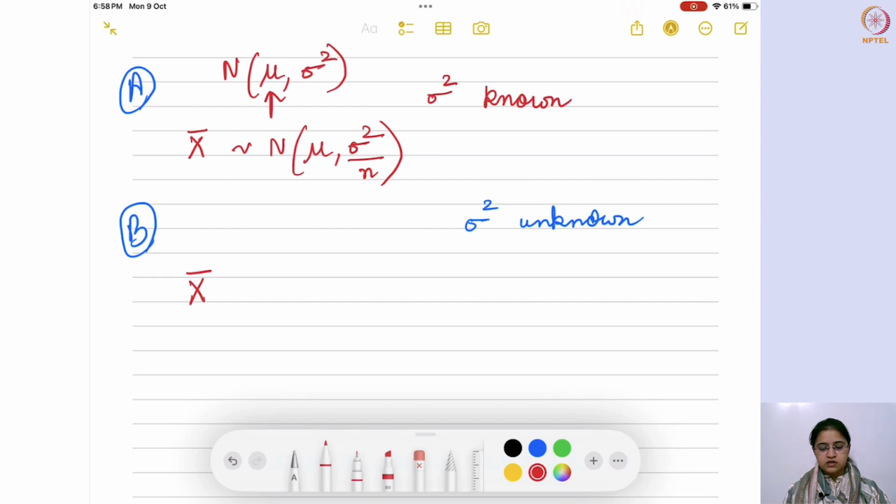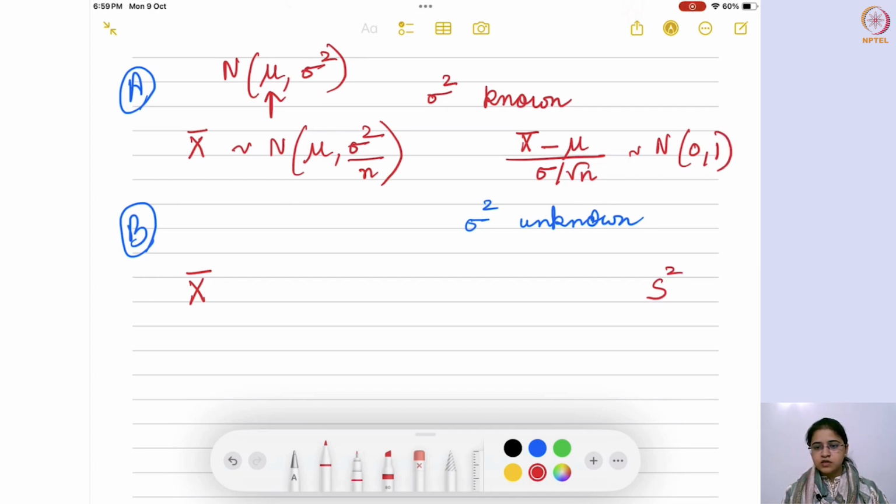You might think that since sigma square, the population variance, is unknown, we could estimate it, or simply replace it by the sample variance in this distribution over here, right? Because this is basically saying that (x bar minus mu) by (sigma by root n) follows normal 0, 1.